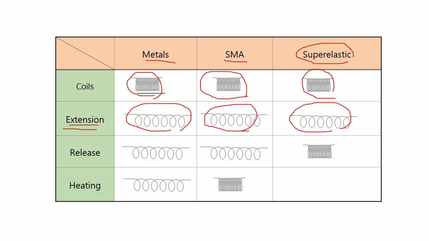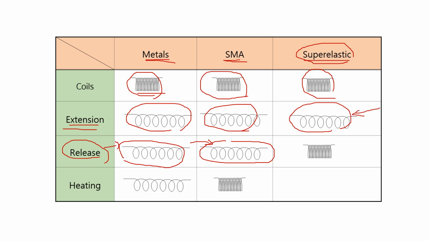When the external force is removed, the metal and the shape memory alloy are still in the same deformed shape, but the superelastic alloy returns to its original shape.